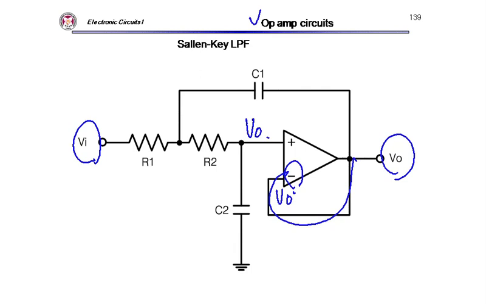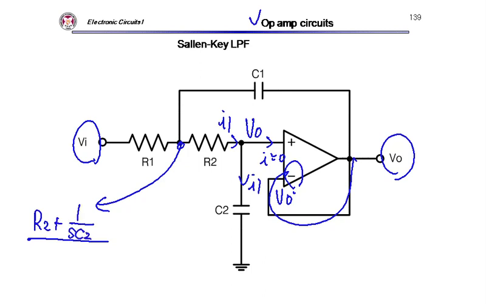Because this I equals 0, this I should be the same as this I, right? So I can calculate this voltage easily because of the impedance divider. The voltage drop between here and ground is just the impedance ratio.